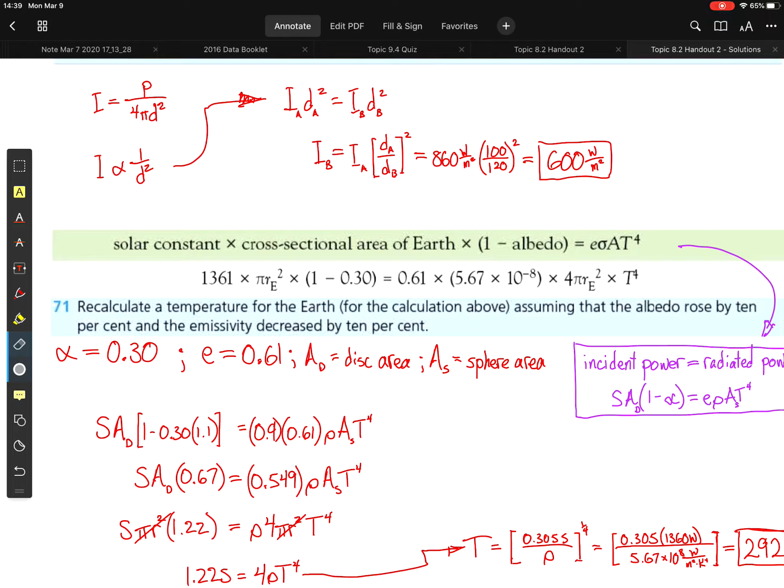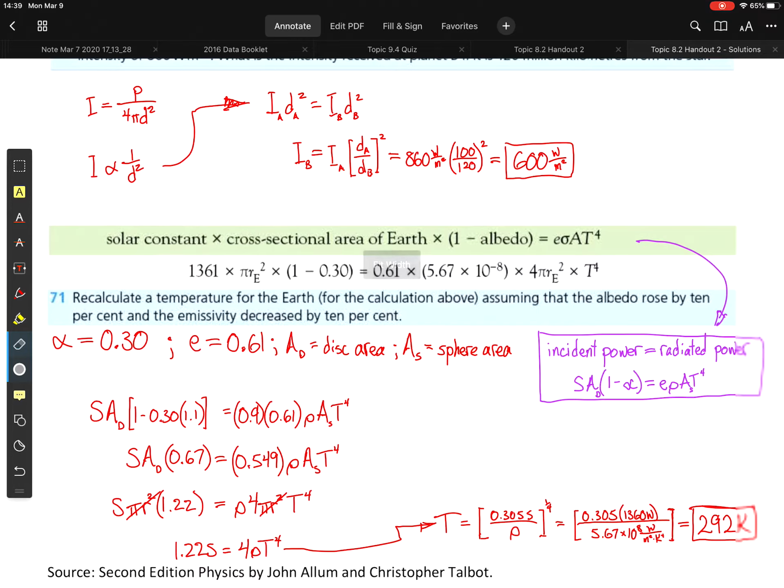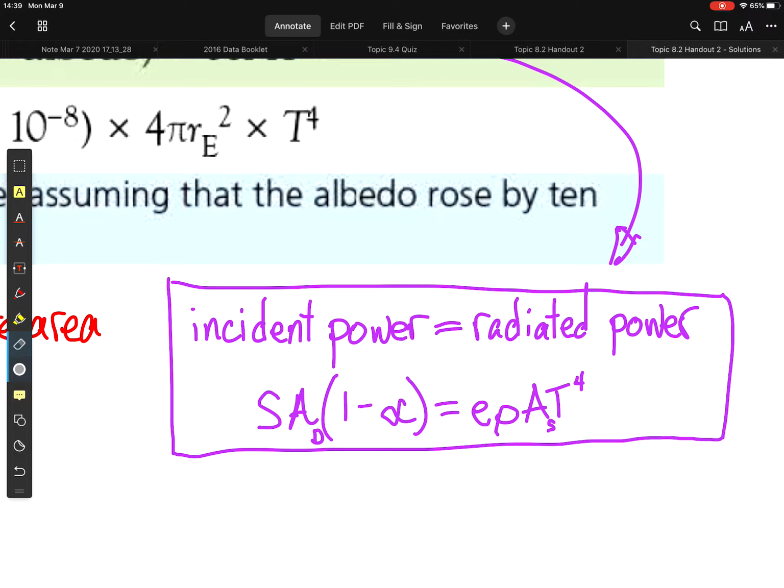Okay, number 71. I included a couple of equations here from the Hodder text, the orange textbook in my room that you do have access to. The thing we need to note, just starting out here, is that instant power will equal radiated power, okay?